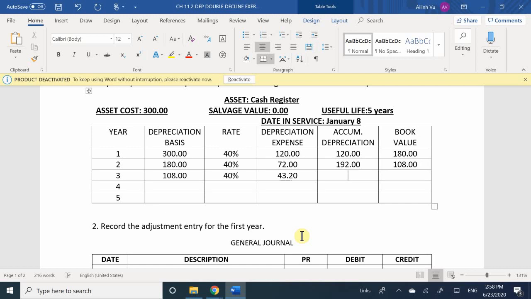Not the 72, that's the previous year's depreciation expense. You need to look one column more over. We're looking at the previous year's accumulated depreciation plus the current year's depreciation expense, which gives you what?